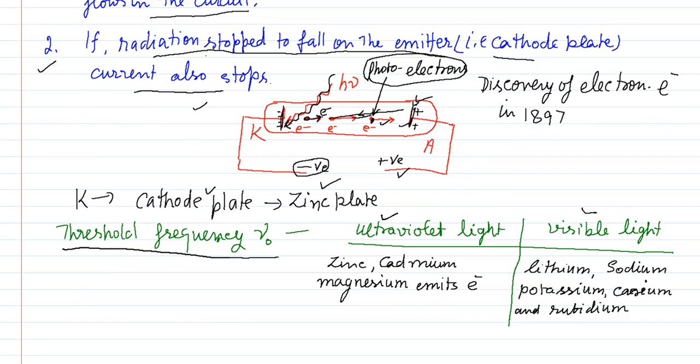When ultraviolet light falls on the surfaces of zinc, cadmium or magnesium, electrons are emitted. When visible light falls on the surfaces of lithium, sodium, potassium, cesium or rubidium, then the electrons are emitted.